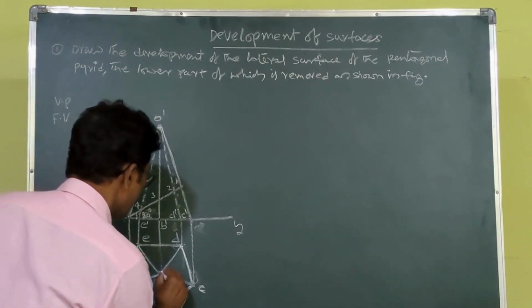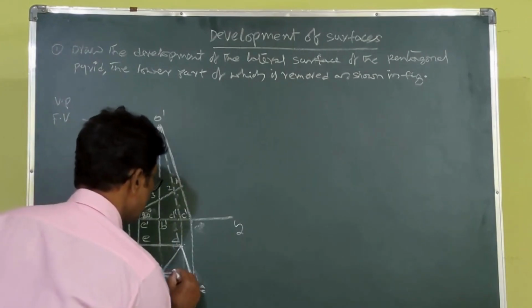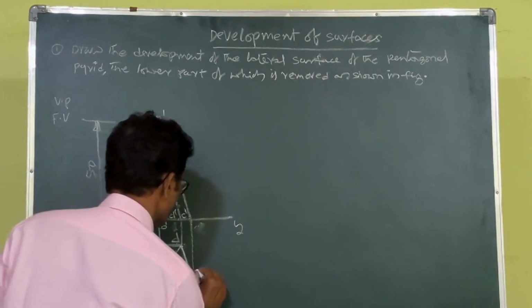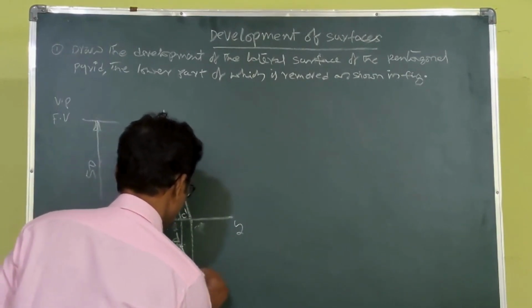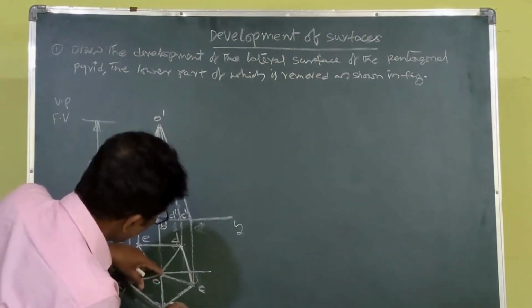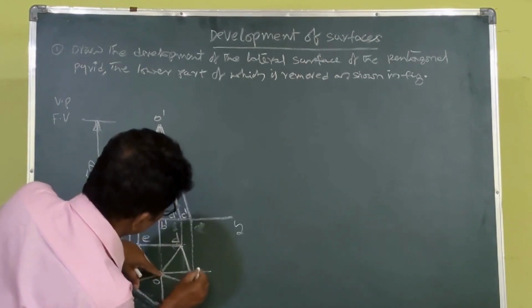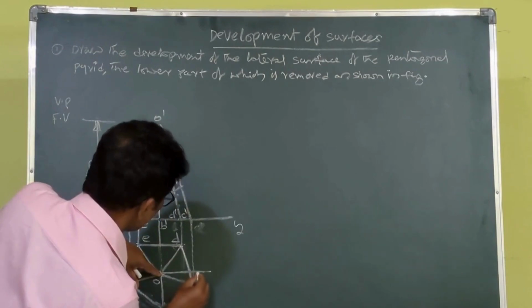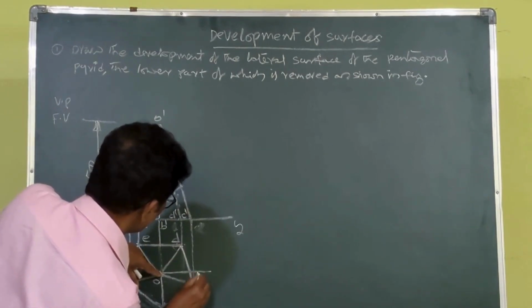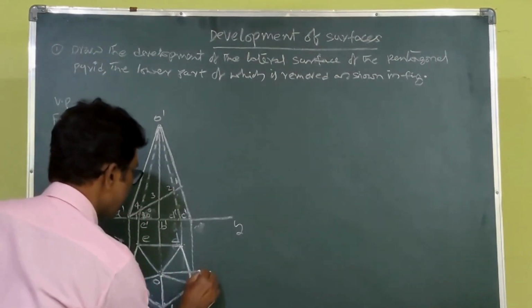You draw a horizontal line with XY, through the center of the pentagon. This is the center. You draw a line parallel to XY, like this. With O as a center and OC as a radius, you draw the arc. So this is the point where it cuts.